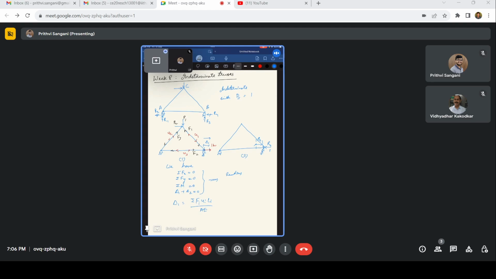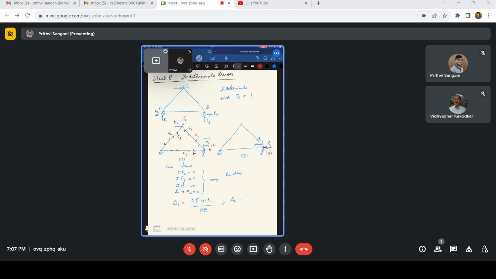This is delta 1. What about delta 2? For delta 2, you'll do the same thing. Instead of R4, we'll apply the same 1 kilonewton unit load here. All the problems we discuss in this structural analysis course are mostly based on the assumption that the materials are under the elastic limit.